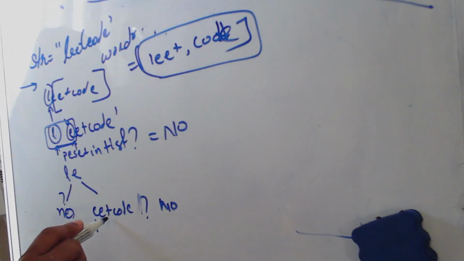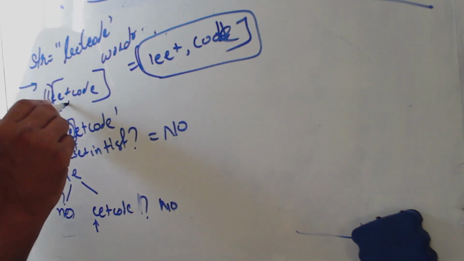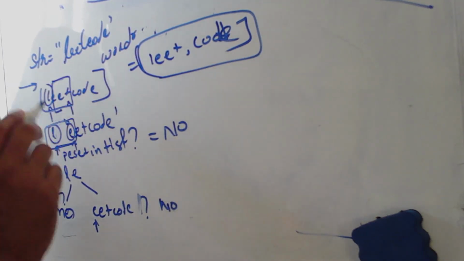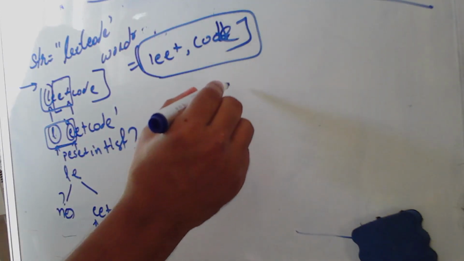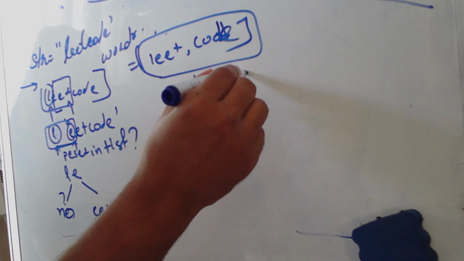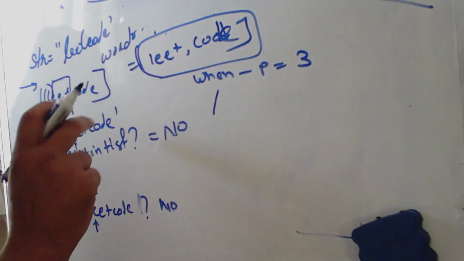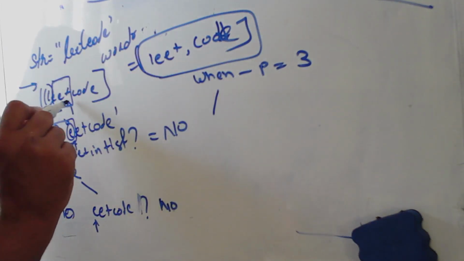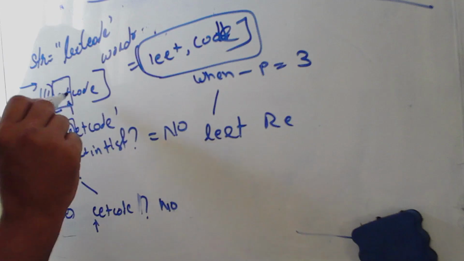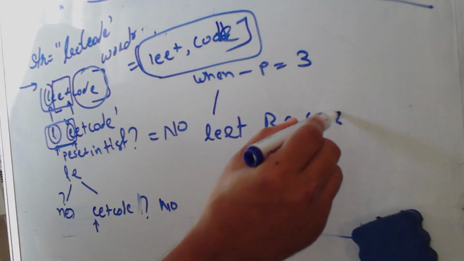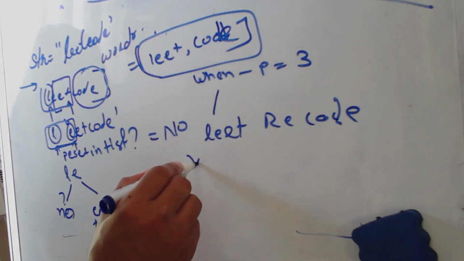When the pointer comes to position 3, counting 0, 1, 2, 3, our left word will become leet, and the rest of the word will become code. So we are going to see, is leet present here? Yes.